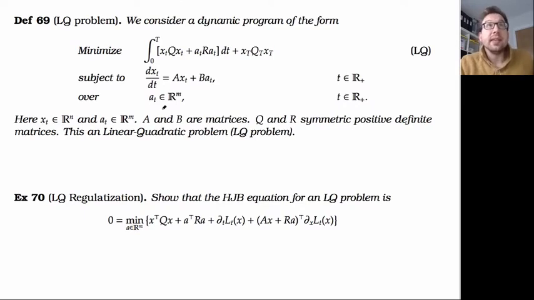So let's give a formal definition of that. There are lots of ways we could re-express this, but essentially the form of the problem we're going to try and solve is the following: we have a continuous time dynamic program, and the set of states belongs to some set of vectors in R^n, and the set of actions belongs to some vectors in R^m.